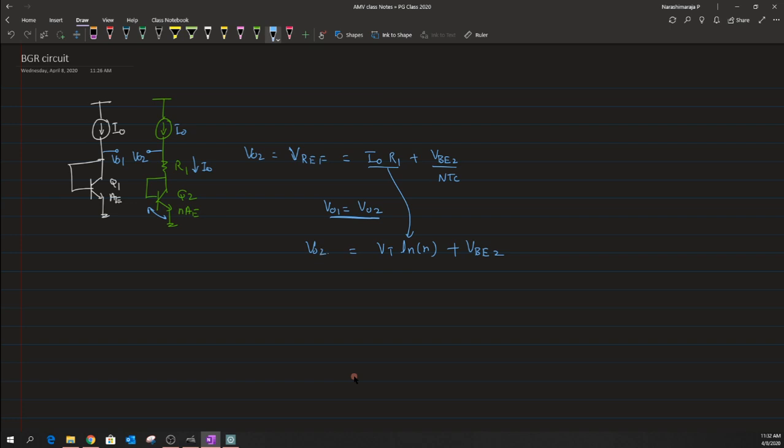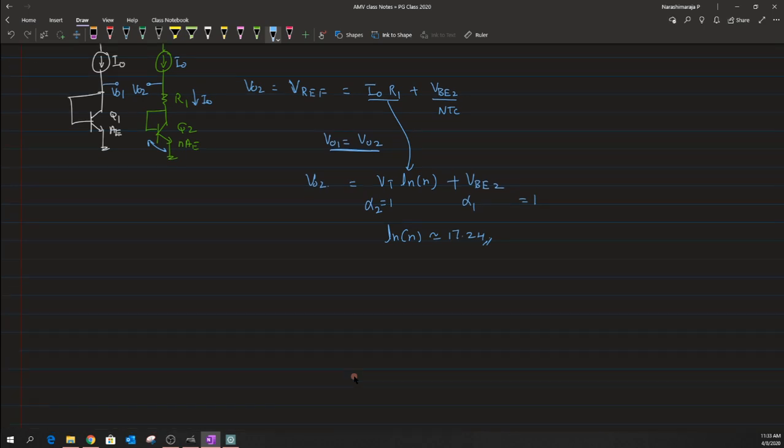In this case, we have assumed that the factor of alpha 2 as well as alpha 1 are both equal to 1, and that is how we have this. In such a situation, the ln of n factor is supposed to be approximately equal to 17.24. So that is the requirement. Later we imposed two mechanisms.